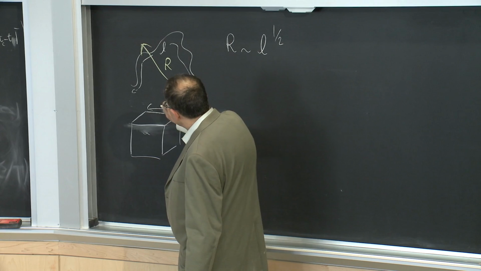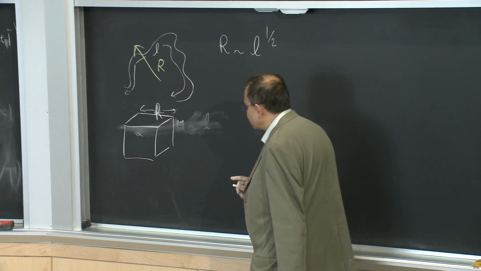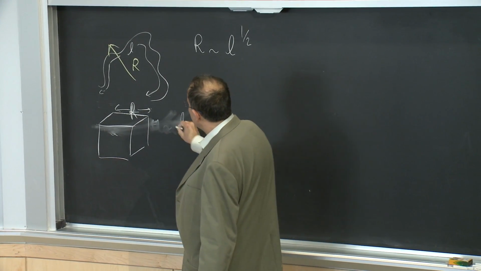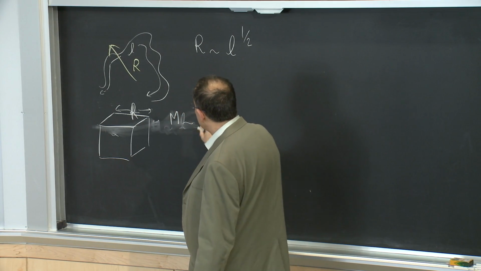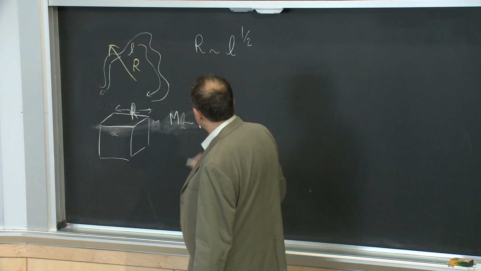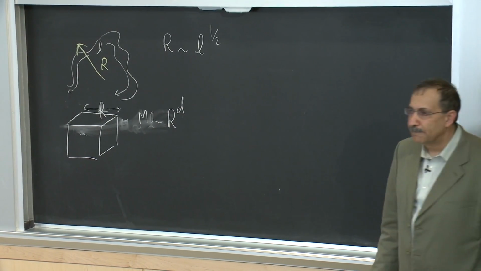Let's actually call it size R. Then the mass of this, or the number of elements that constitute this object, grows like R to the D, okay?